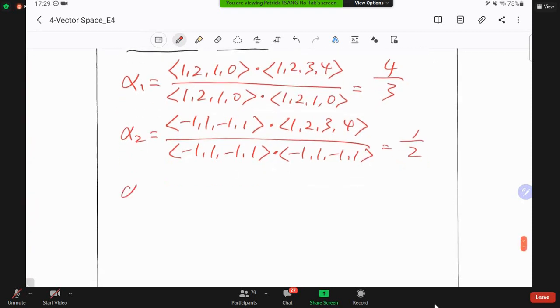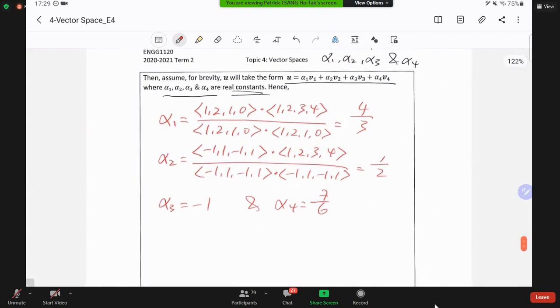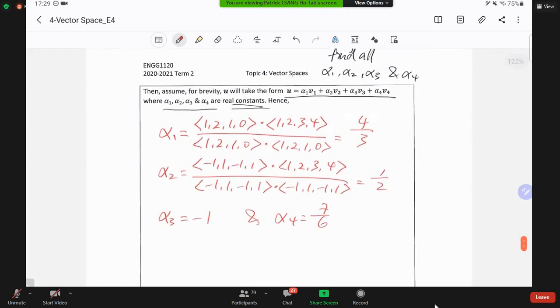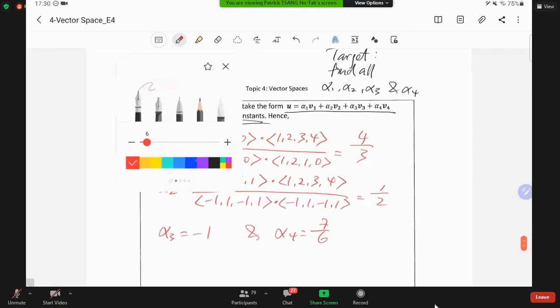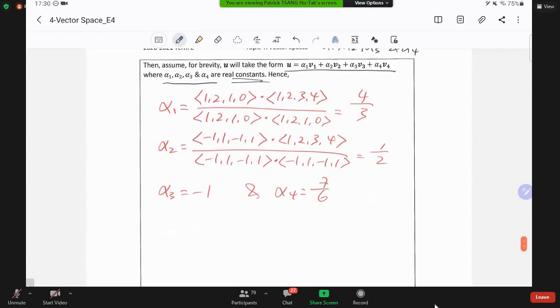For alpha 3 and alpha 4, I just put down the answer for you. If you have time, verify it later on. So our target is now done: alpha 1, alpha 2, alpha 3, and alpha 4 are all real numbers.